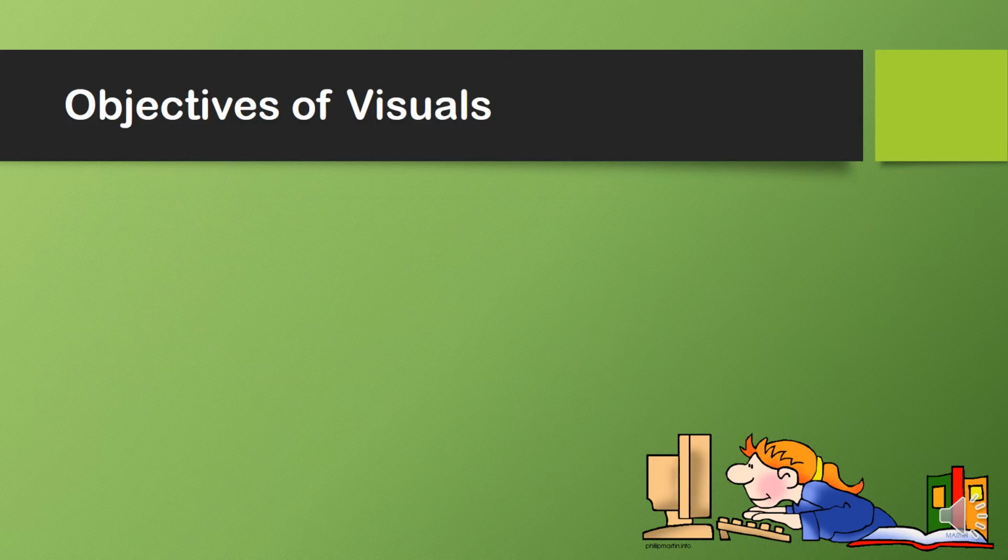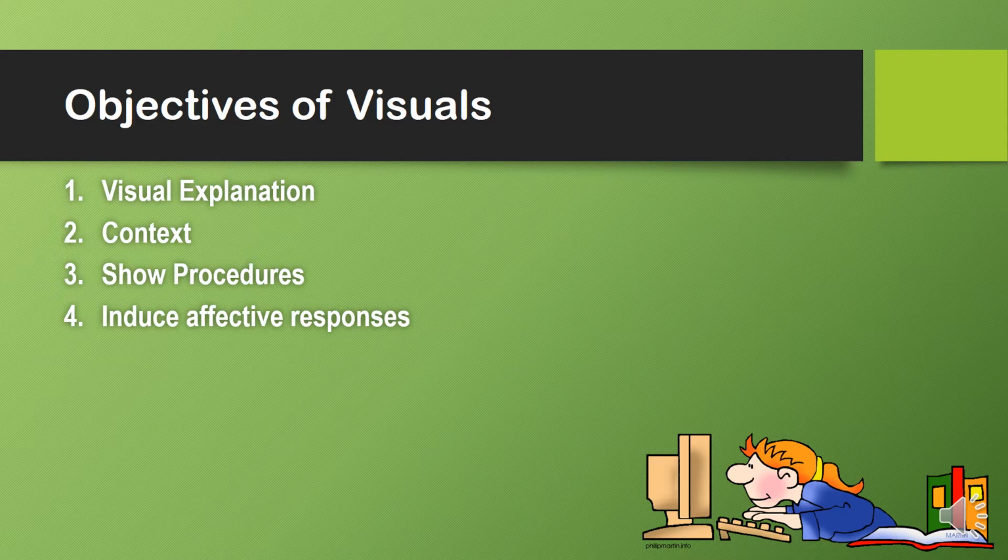It is very important to identify the objectives behind visuals so that we can use them for valid and effective teaching. Visuals may be used to, number one, provide a visual explanation or description for something that may be unfamiliar to the learners. Number two, provide context. For example, we use visuals in introducing characters in a detective story.